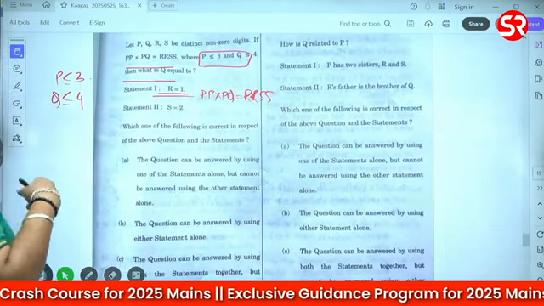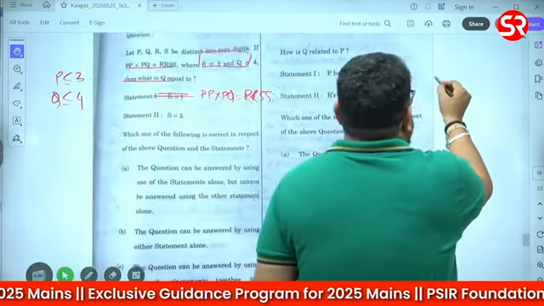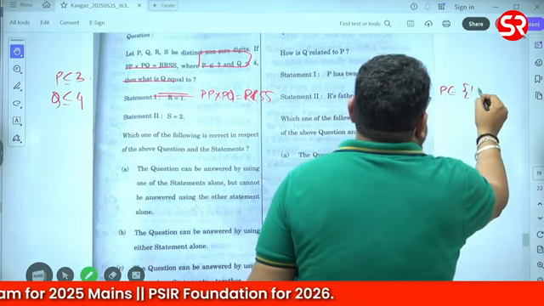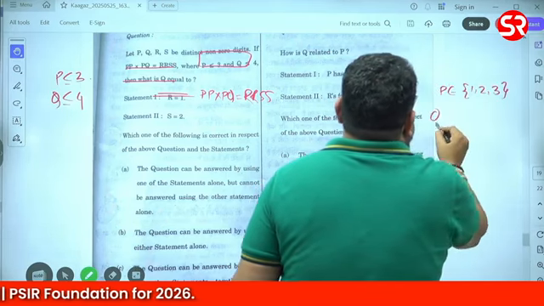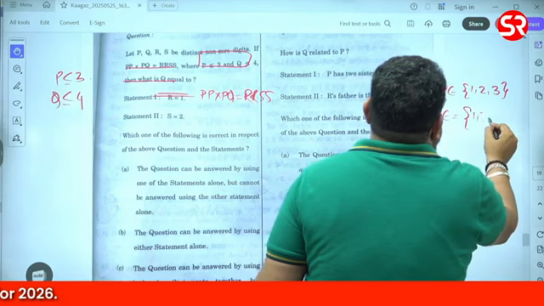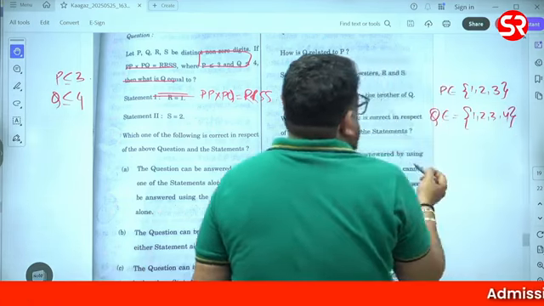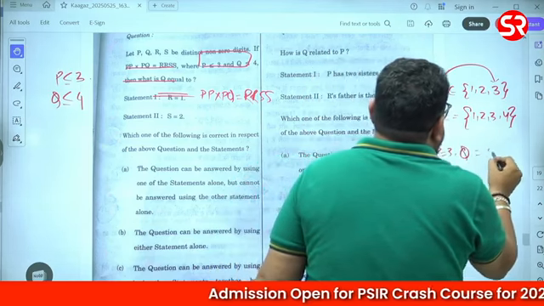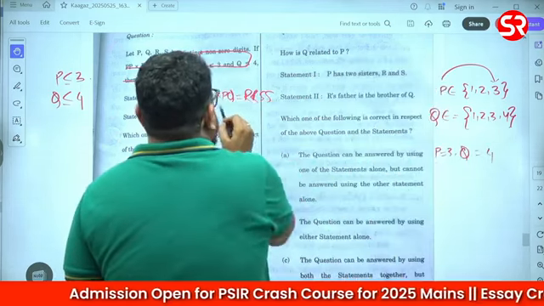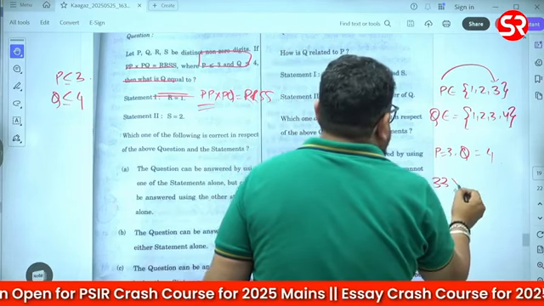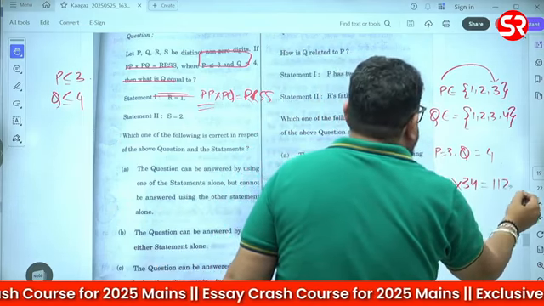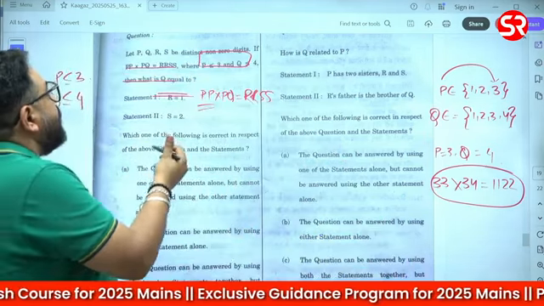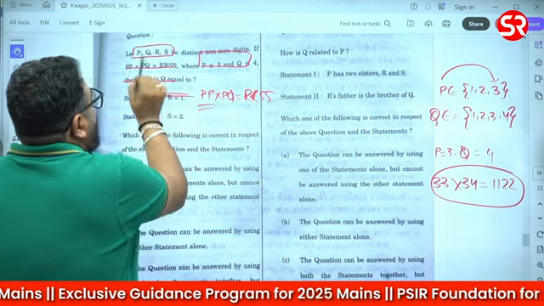तो एक एक देखना, P belongs to the set 1, 2, 3 and Q belongs to the set 1, 2, 3, 4, right? So if I take the maximum value of P as 3 and Q as 4, then PP into PQ, that is 33 into 34, comes out to be 1122. There cannot be any other value, because he says P, Q, R, S are distinct.